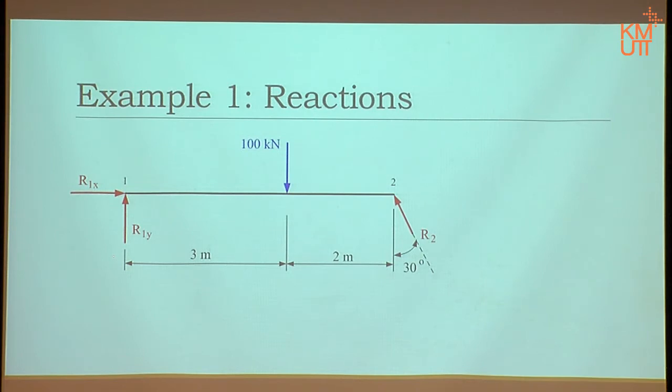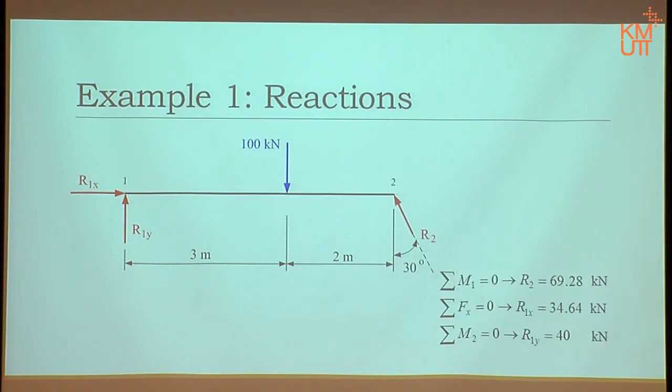Just going quickly, I can use sigma moment about point 1 and then I get the value of R2. Once I get the value of R2, I can use sigma Fx, then R1x will be found. I can actually take moment about point 2, or I can use sigma Fy, then I get R1y. Okay? So I like to go through these equations quickly. That's the normal system.